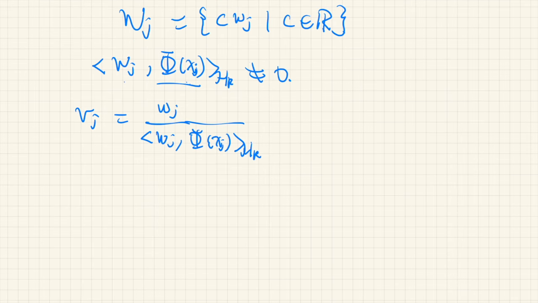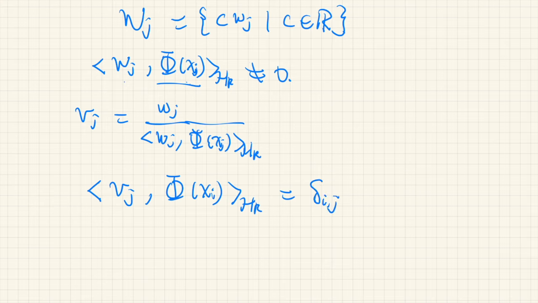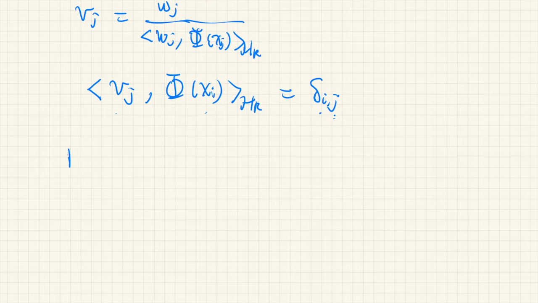Then we can write the inner product between v_j and phi of x_i as Kronecker's delta ij. So if i and j are equal, then this is 1. And if i and j are not equal, then this inner product is 0. Next, let us define the labels of each point.